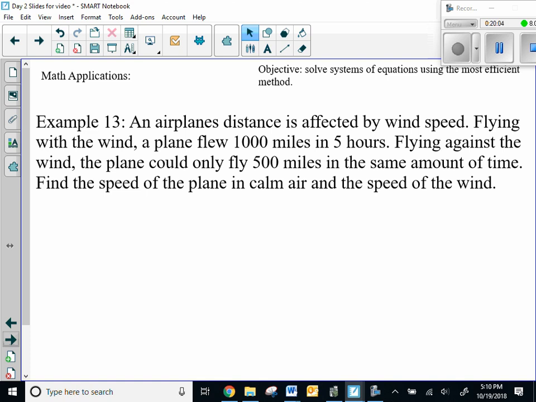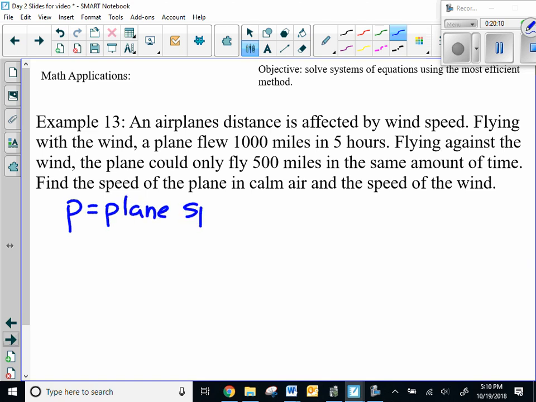So here, the two things we have to find are the plane speed, if it was just in calm air, and the wind speed.